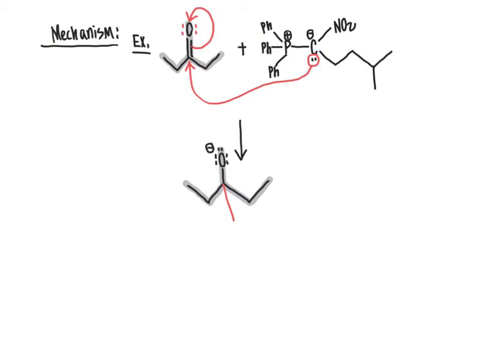And that is directly bonded to the carbon of the phosphorus ylide. That carbon of the phosphorus ylide is directly bonded to 4 groups, so I'm going to plug those in here, here, and here. And in our phosphorus ylide, the 4 groups that we are directly bonded to are our phosphorus, positive charge there, 3 of those aromatic rings, like so, nitro group, NO2, and our carbon chain here, our alkyl group, like so.